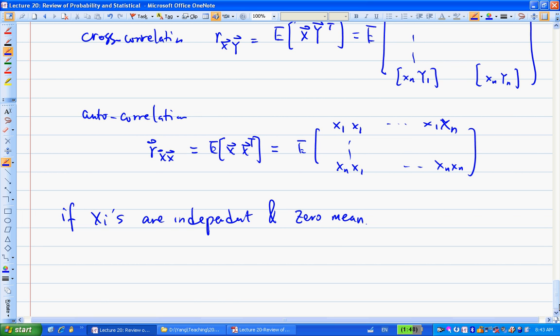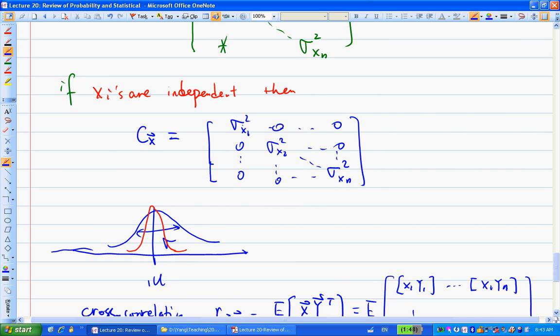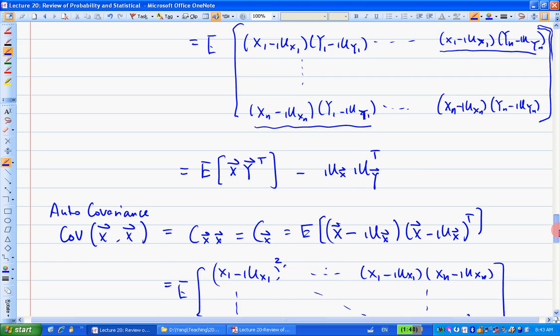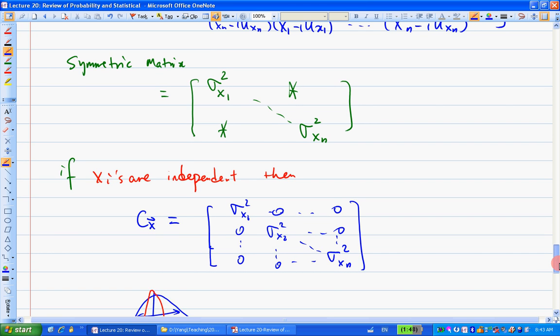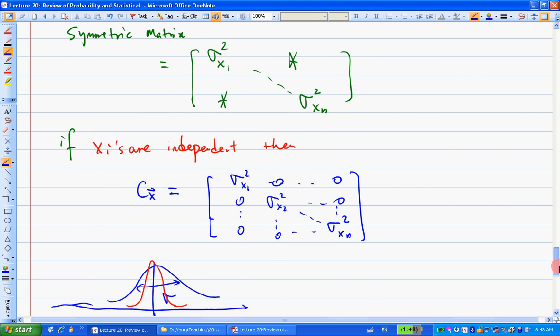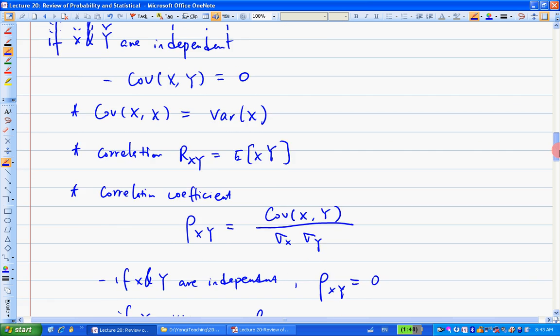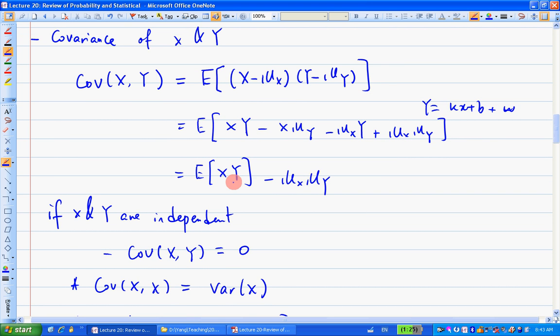If they are independent and zero mean, then look at this autocorrelation together with this guy here. Well, anyway, we can just take a look at this one here.